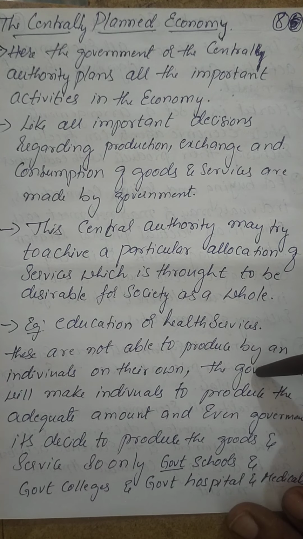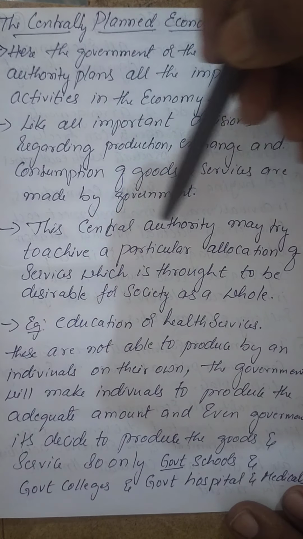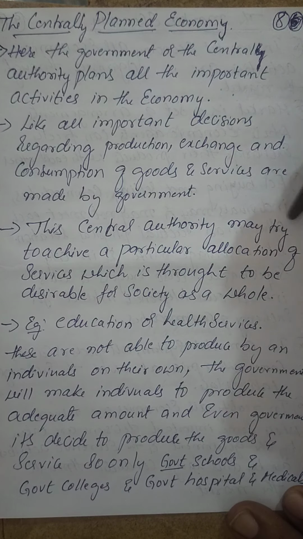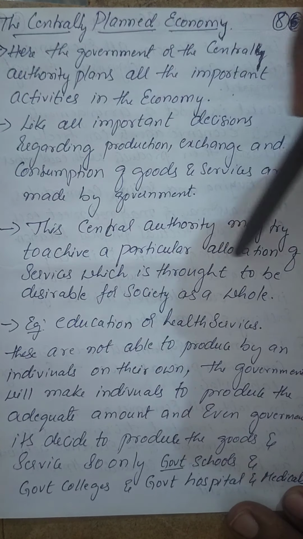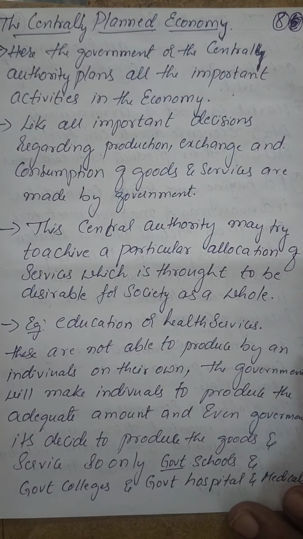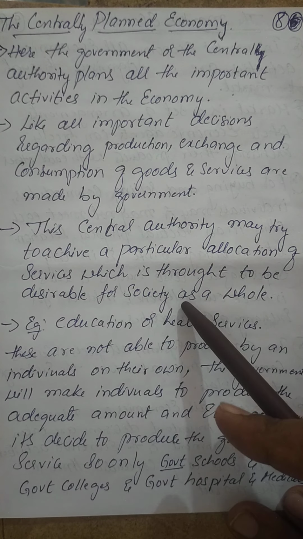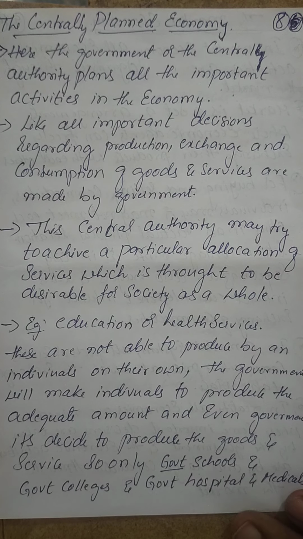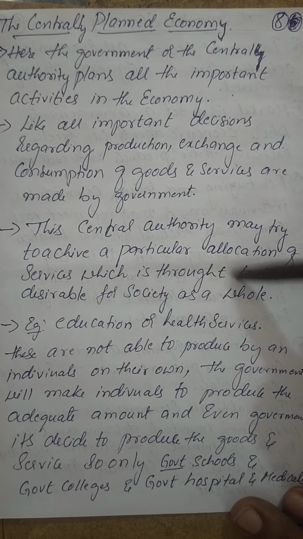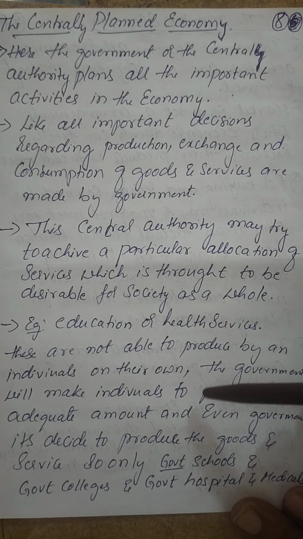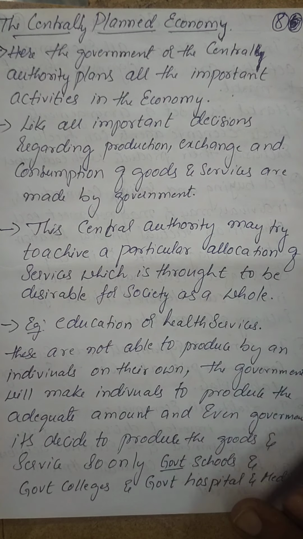The second point deals with this: the central authority may try to achieve a particular allocation of services which is thought to be desirable for society as a whole. Which means the whole society in the nation should be willing to accept that.